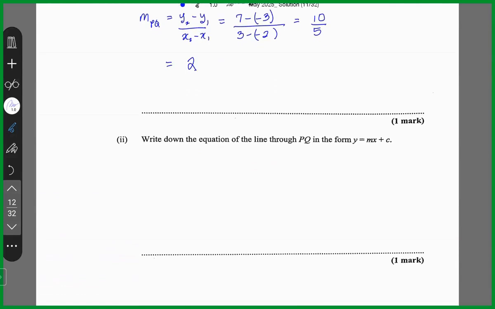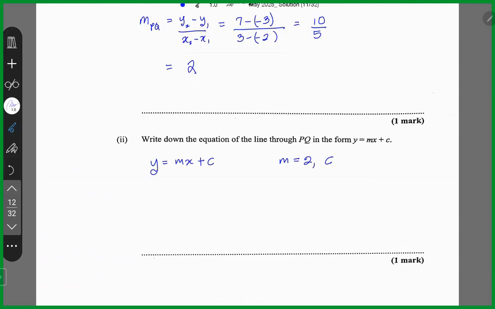Write down the equation of the line through P and Q in the form y is equal to mx plus c. Now, for the equation of the line, I need the gradient m, which we know is 2. And c, we can get from inspection.